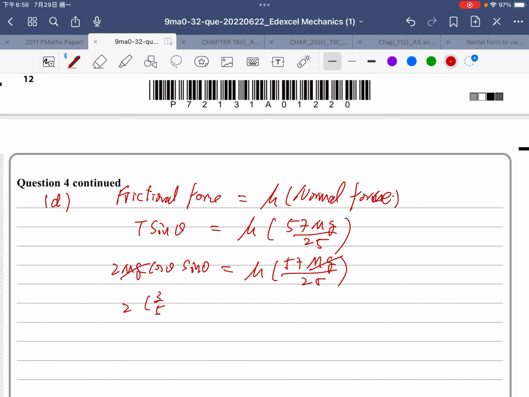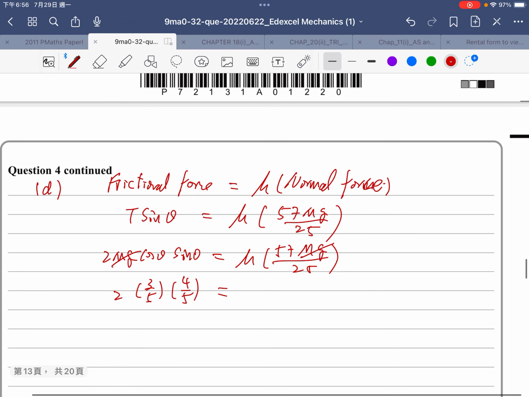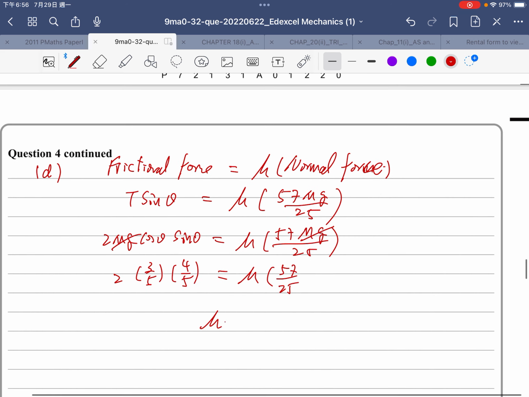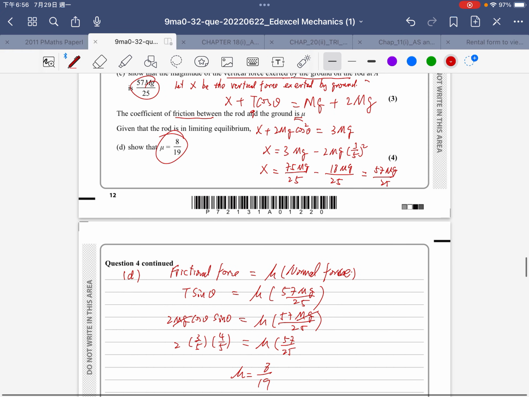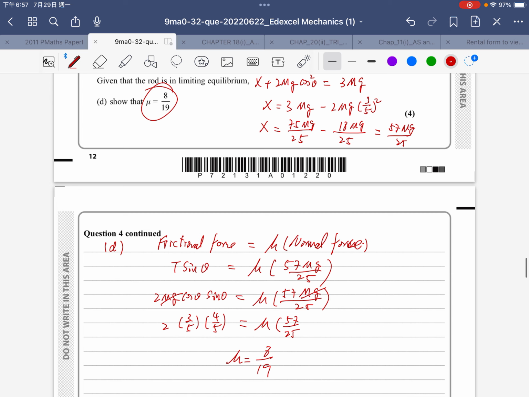Mg is cancelled, and 3 over 5 and 4 over 5 for cosine theta and sine theta, and mu with 57 over 25, mu is equal to 8 over 19. Oh, same as the answer. What the hell? Yes, so lucky. I finally got the correct answer.